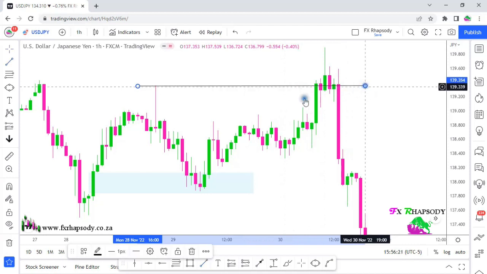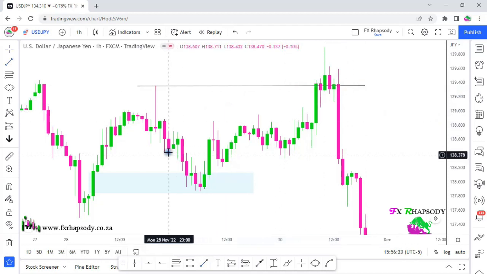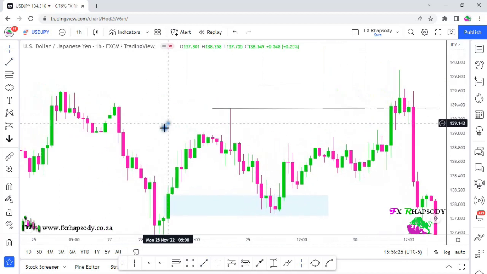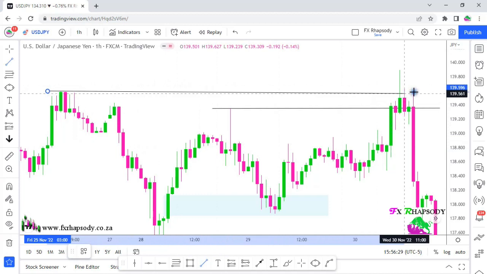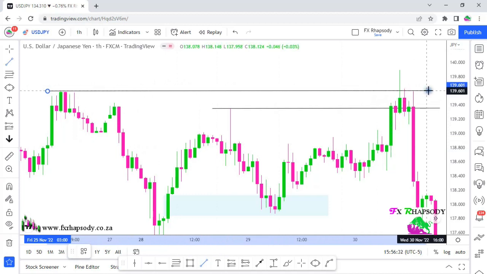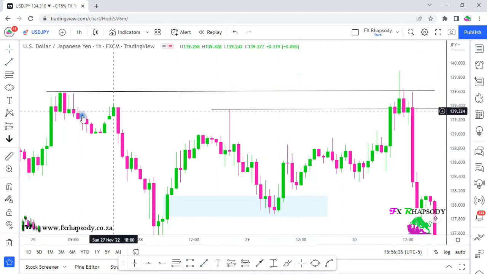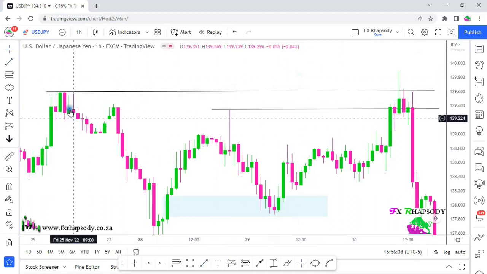Okay, that's your targets. Because price action hunts liquidity in the market. It wants to go and take out those sell stops, or the buy stops, excuse me, buy stops. People placing their sell orders, putting their stop losses just above it.